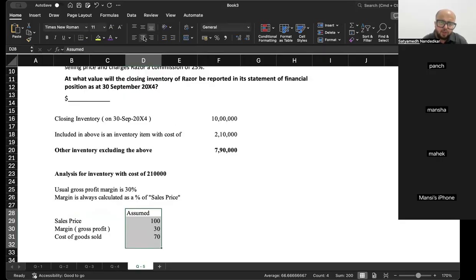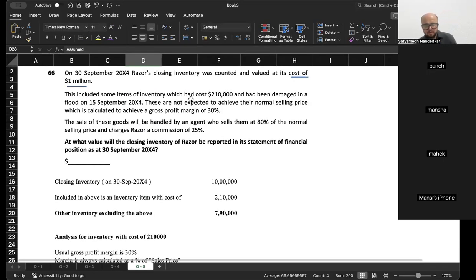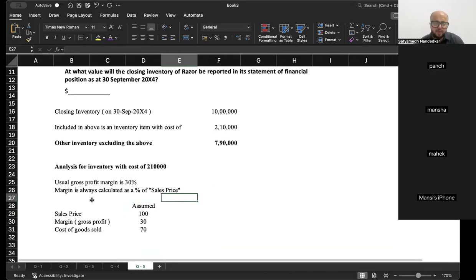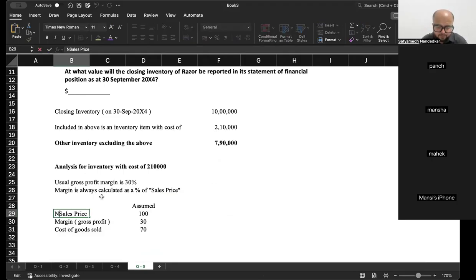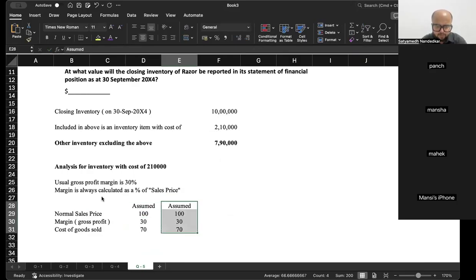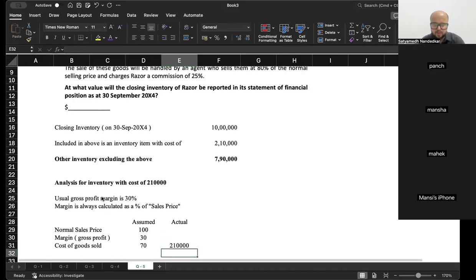Now in your case, what is the cost? The item which was damaged had a cost of 2,10,000. So what would be its normal selling price? Cost of goods sold here is 2,10,000, right?